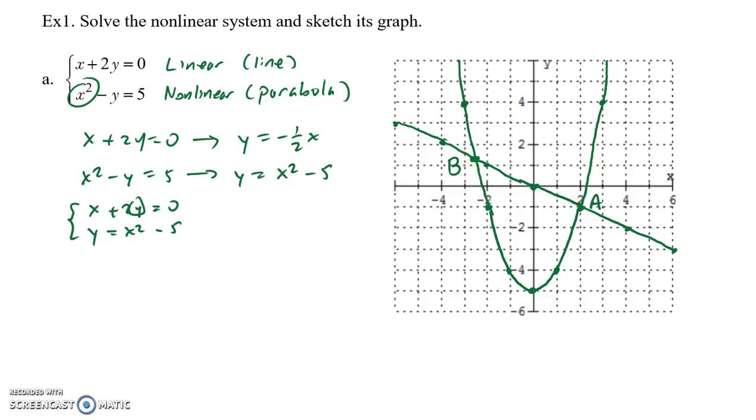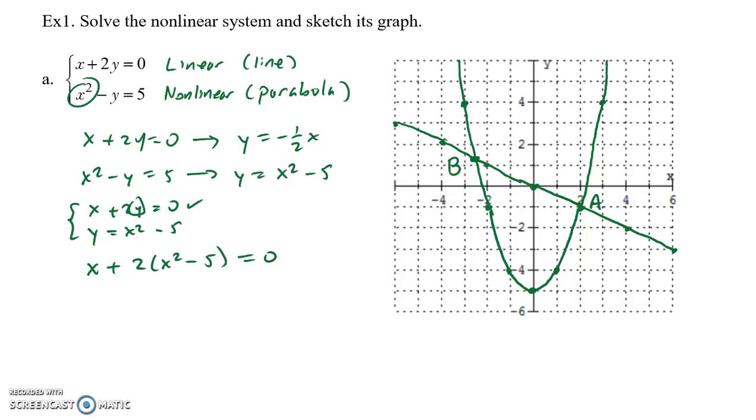So if we do that here, we'll get x plus 2, and then we're going to replace y with x squared minus 5, and then set that equal to 0. So I'm essentially working with that top equation, the linear equation, but I'm substituting the second equation into the first equation by substituting for y. That eliminates y then from the first equation.